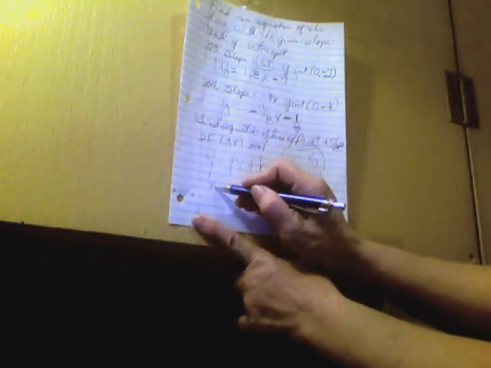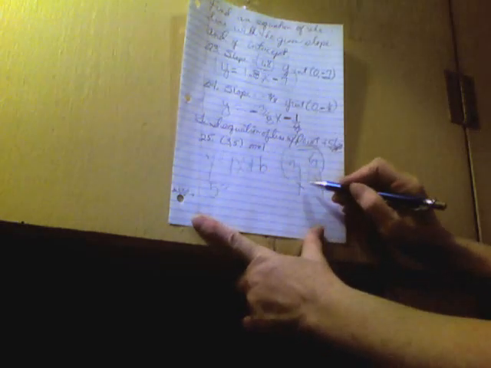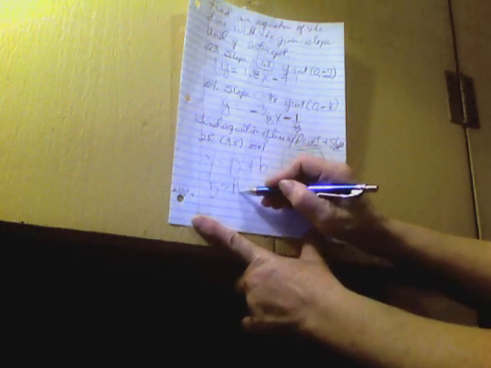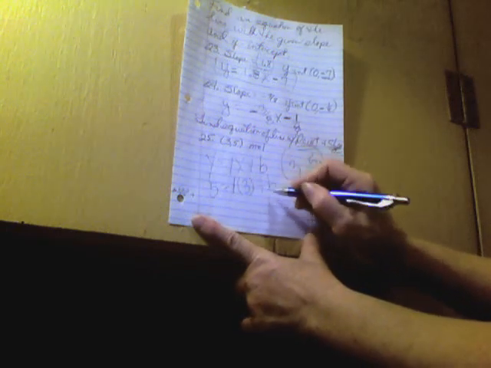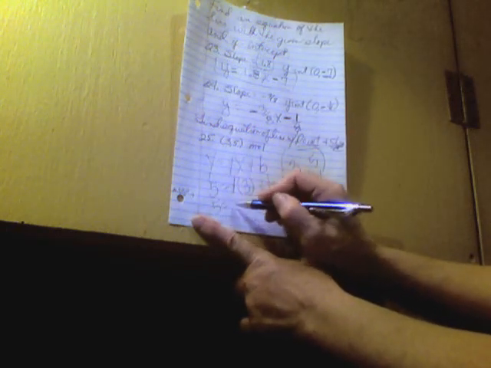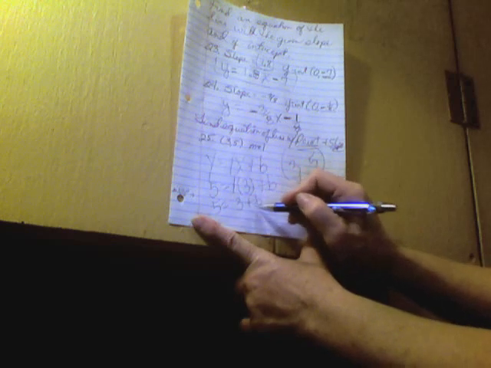Now the 3, 5, the 3 is our x, the 5 is our y. So we're going to replace the y here with 5. 5 equals, 1 was our slope, x is 3 plus b. So we have 5 equals 3 plus b.